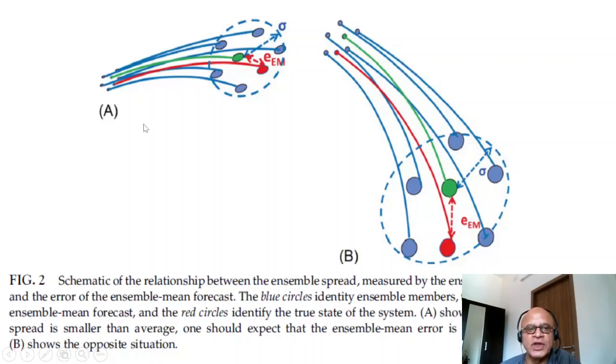That's the way to represent model error or initialization error, and then the forecast error, right? So the green circles identify the ensemble mean forecast. That's this one here. And two examples. This is the observed state, red circles, the true state of the system.